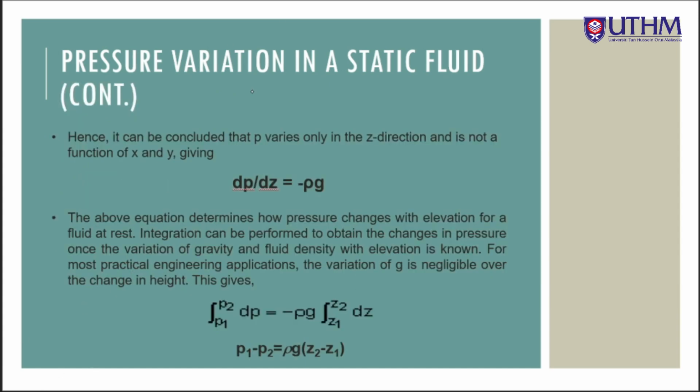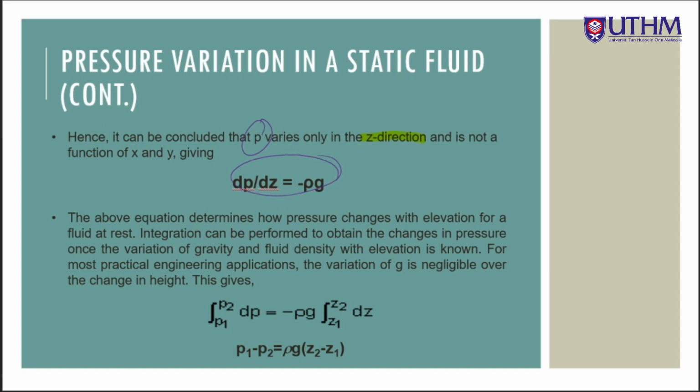Ni sebenarnya saya dah terangkan tadi. Hence it can be concluded that pressure varies only in the z direction, as it is not a function of x and y, which will give that the change in pressure dp over dz equals minus rho g.